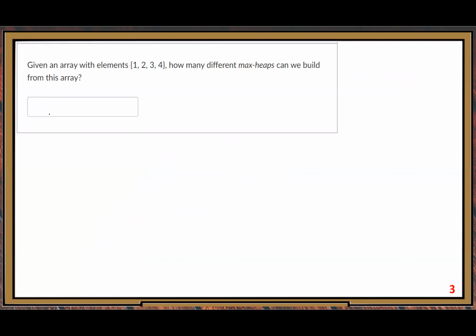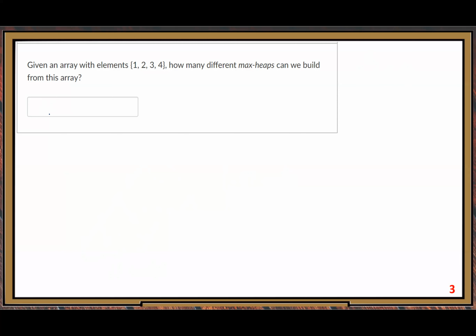The third one, this one: given an array with only 4 elements, how many different max heaps can we build from this array? You need to draw all the possible max heaps with these 4 numbers.